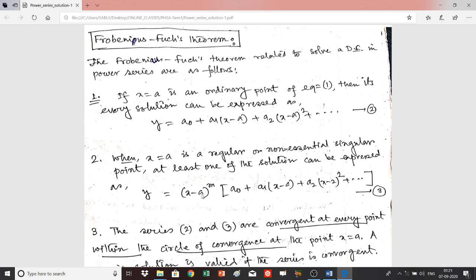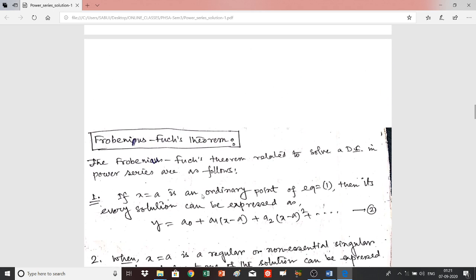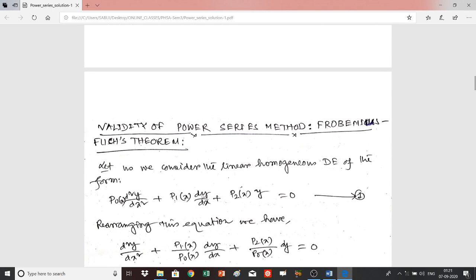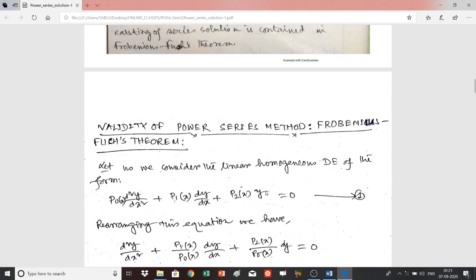If x equal to a is the ordinary point of a linear homogeneous equation, which is given by this equation.